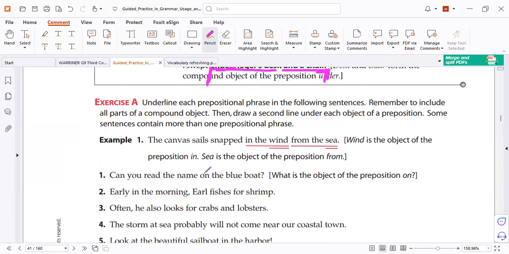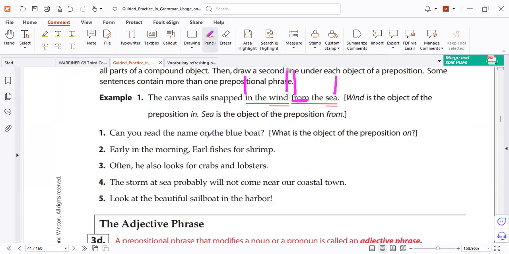Now, here, for example, the beginning is in, the end is went, because you are going to start a new phrase. So the beginning, the end. Again, on the blue boat, can you read the name on the blue boat? So this phrase describes the name before. That is the beginning.